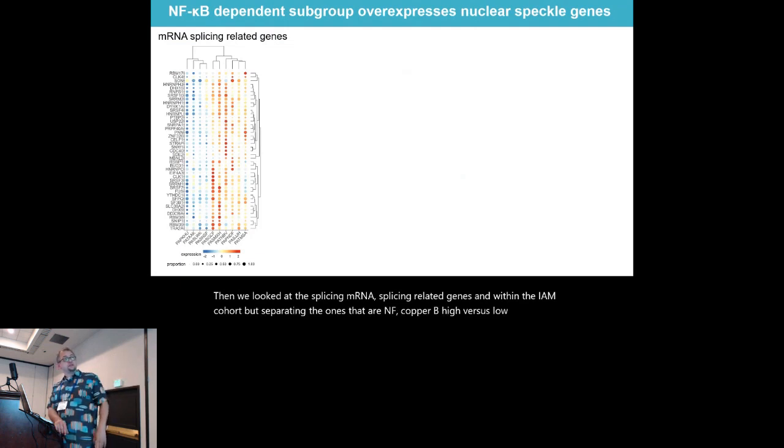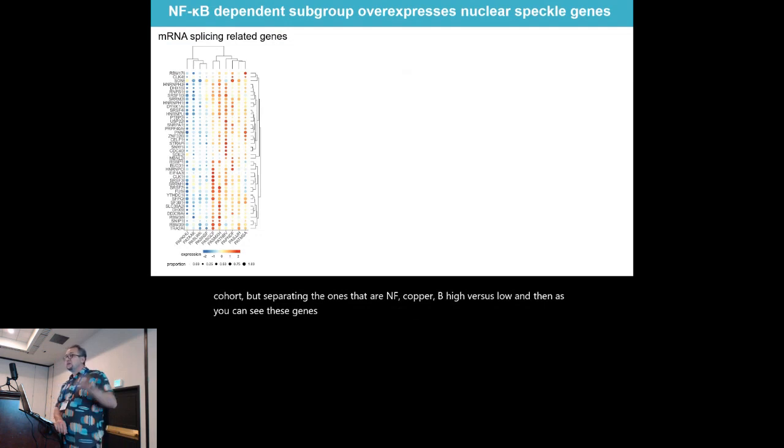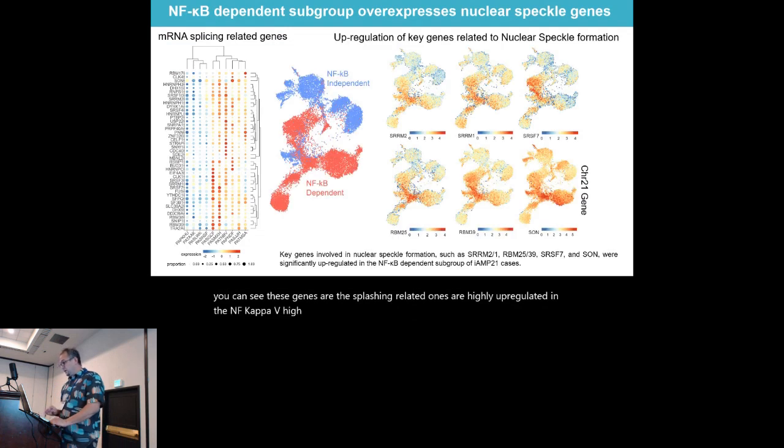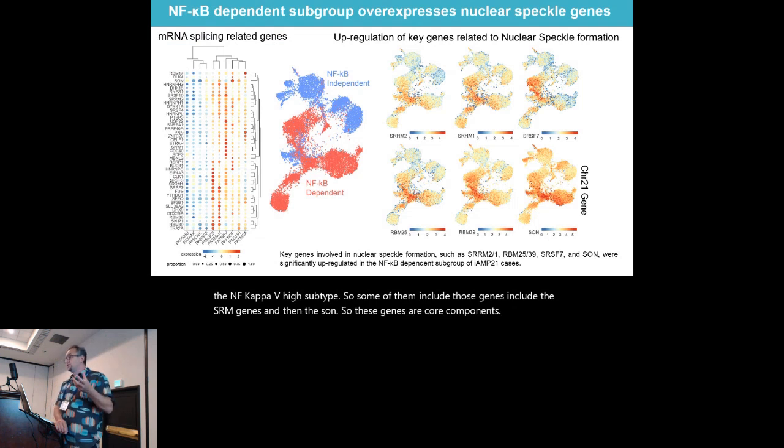And then as you can see, these splicing related genes are highly upregulated in the NF-kappa B high subtype. Some of those genes include the SRRM genes and then SON. These genes are core components of nuclear speckles. SON and SRRM1 are the two key components of what makes up a nuclear speckle, and nuclear speckles are where the RNA gets spliced and processed.